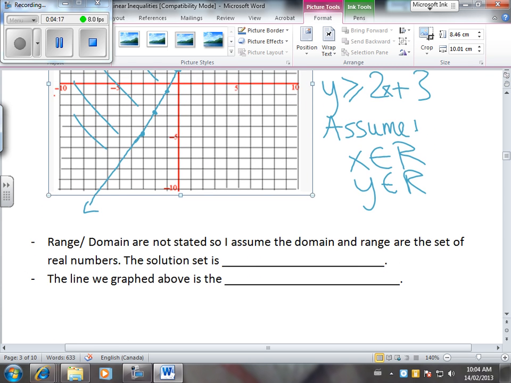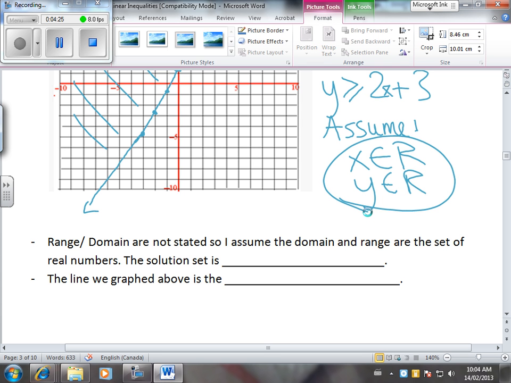And since the domain and range aren't stated, so we weren't given a set notation, we assumed, like we wrote here, that domain and range are the set of all real numbers. So the solution set, because I've joined these data points and I have a solid line, is this continuous or discrete?